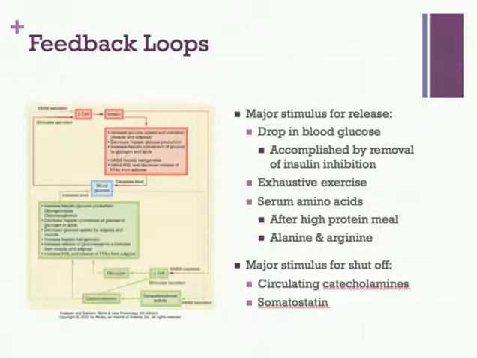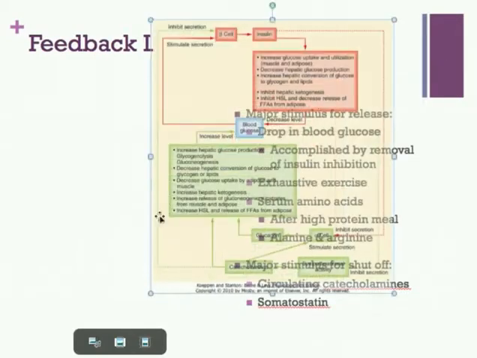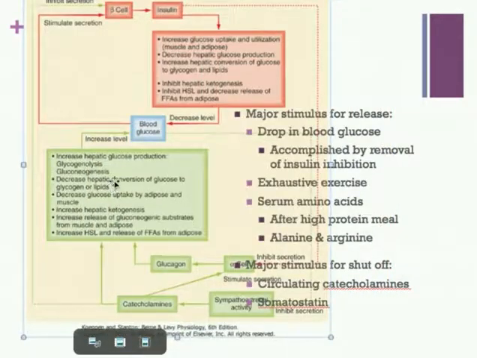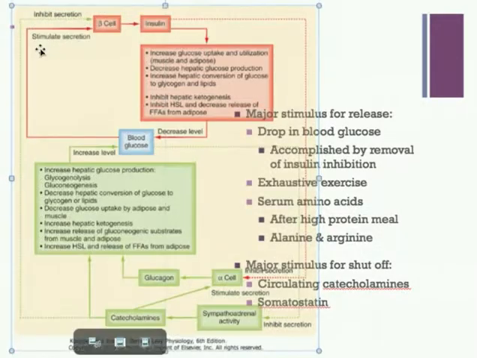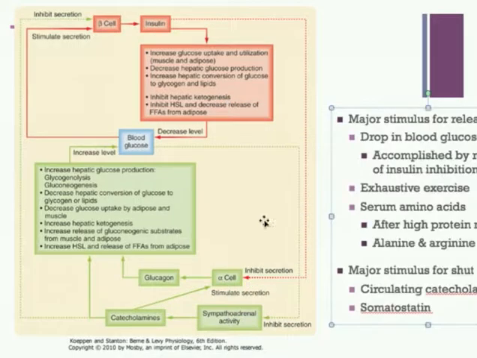And the way that it does that, if we take a look here at this feedback loop from one of the textbooks, we see insulin and beta cell production, and I want you to notice these little feedback loops where it says inhibit secretion. These 2 products, insulin and glucagon, inhibit the other's secretion.